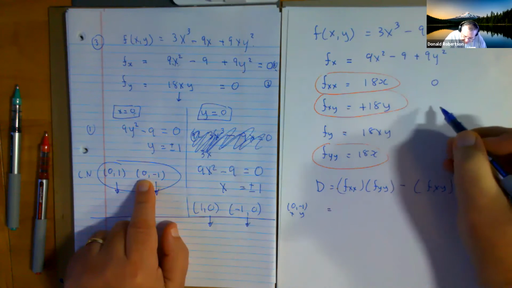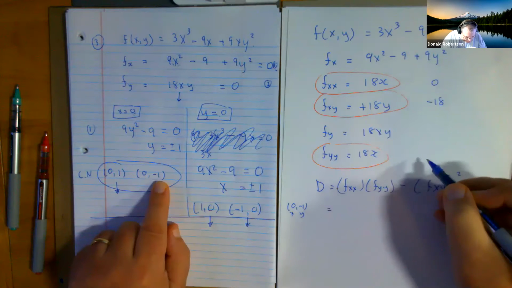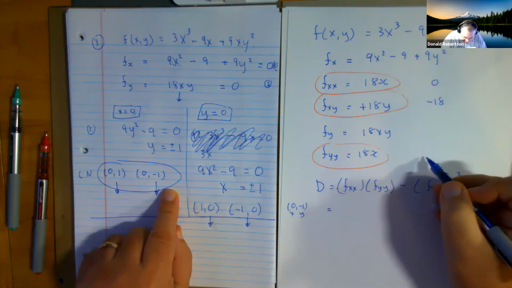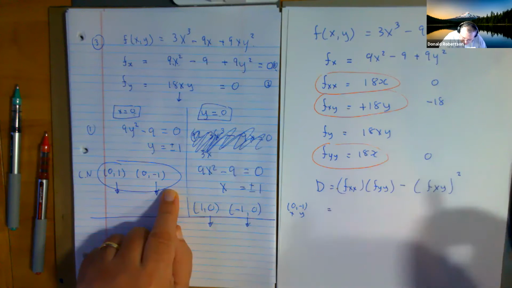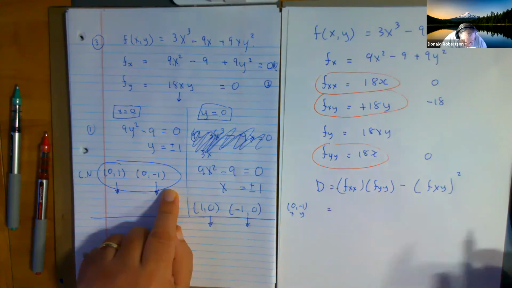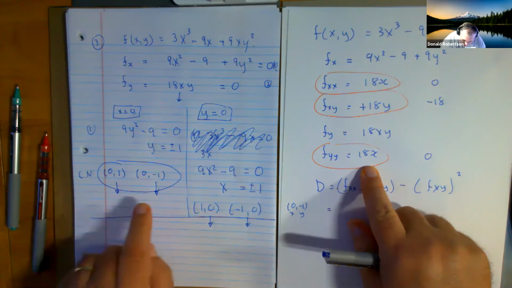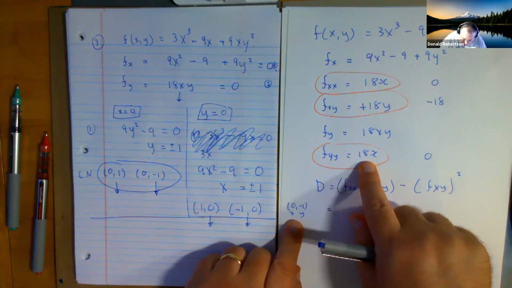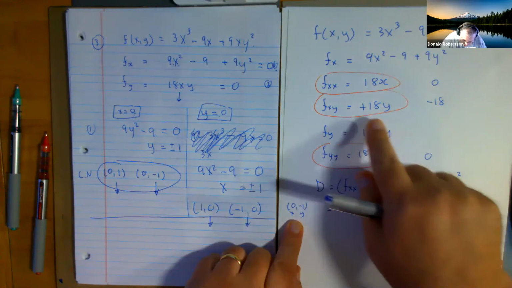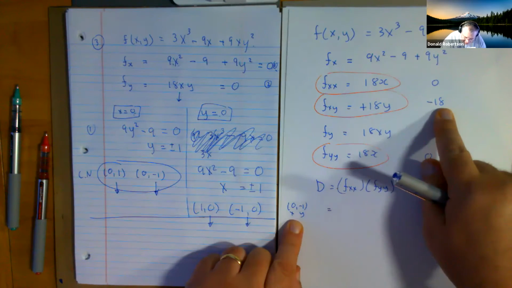This one will be negative 18. This one here will be 0. Is that right? 18x. Yeah, 0. f of xy, negative 18, 0.